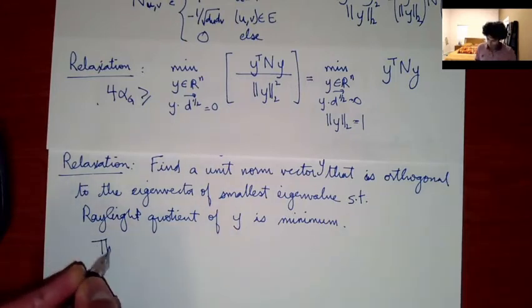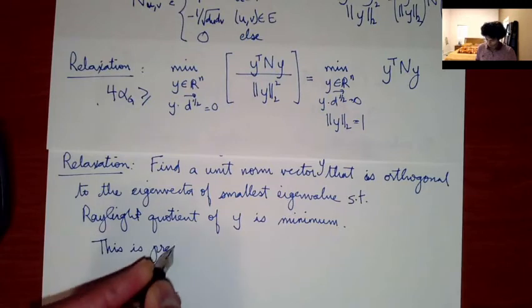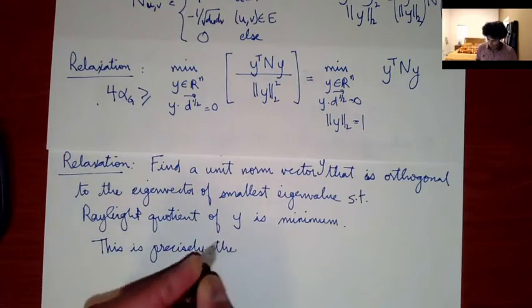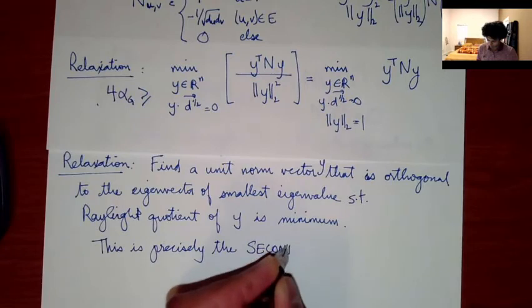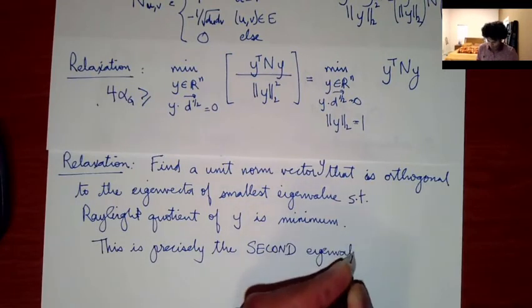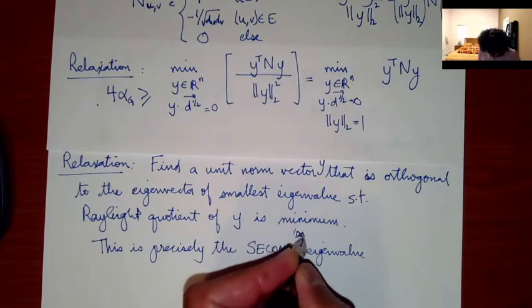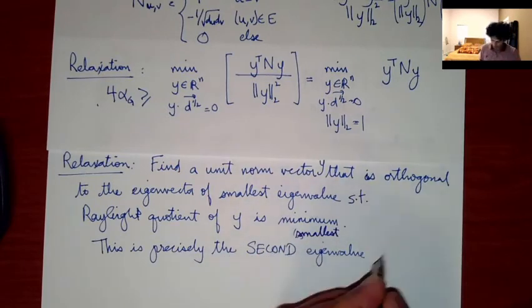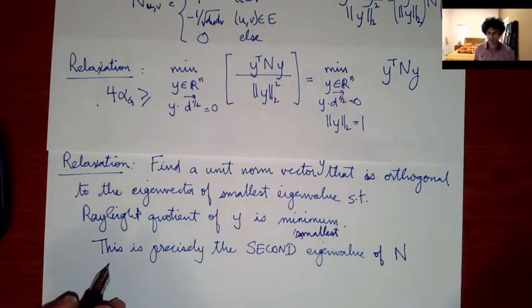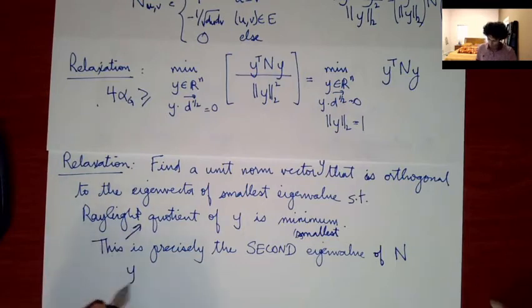And this is precisely the second smallest eigenvalue of N, meaning that the Rayleigh quotient is that and y is the corresponding eigenvector.